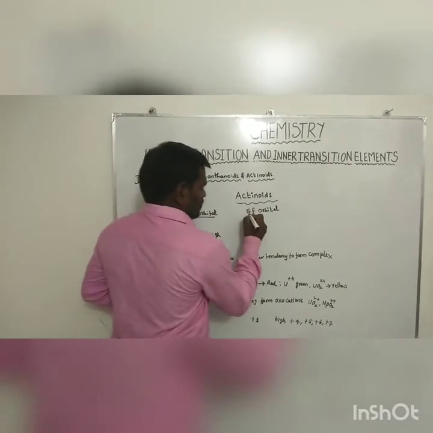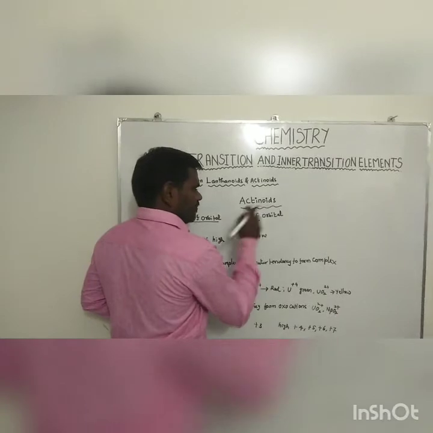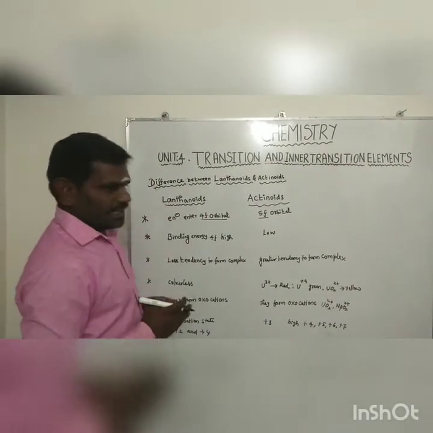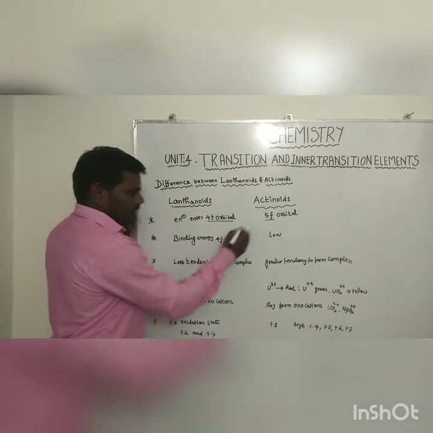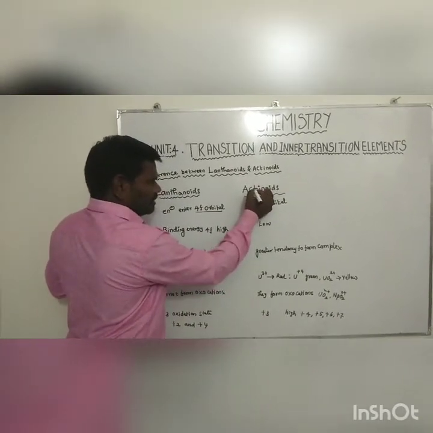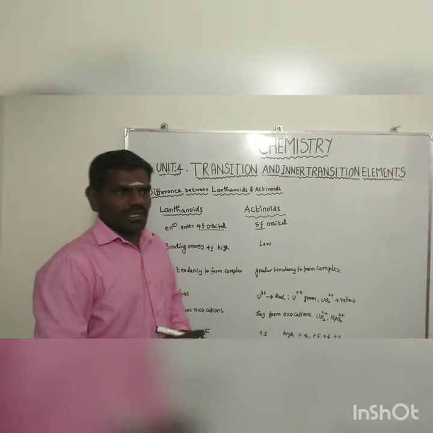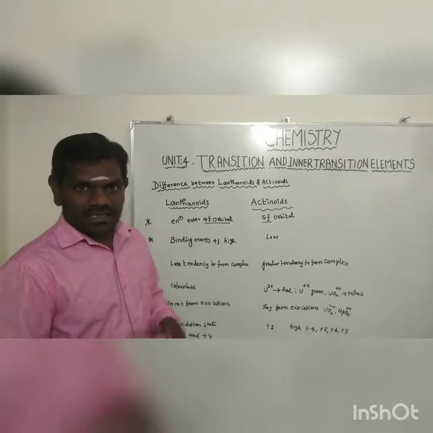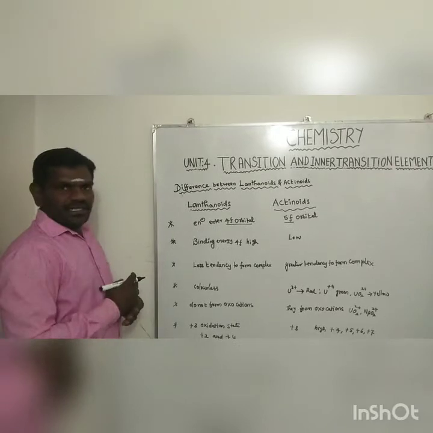Which means in actinides, the differentiating electron will enter the 5f orbital. So the first difference: the differentiating electron enters the 4f orbital in lanthanides and the 5f orbital in actinides. Next one, binding energy. Binding energy is the minimum energy required for the disassembly of the system.